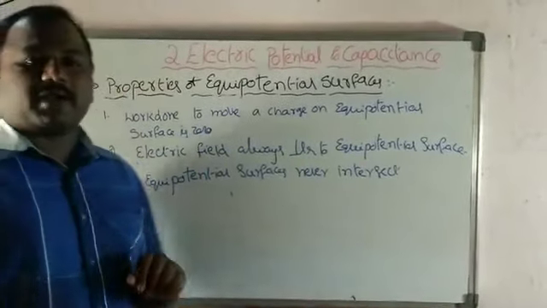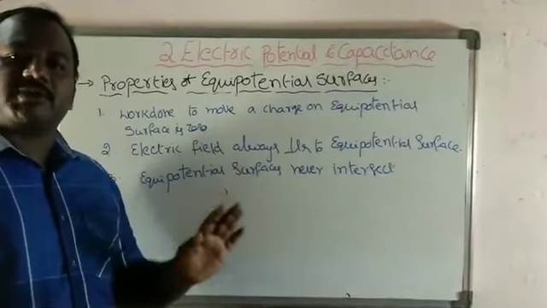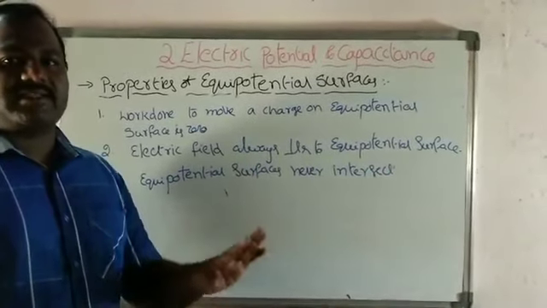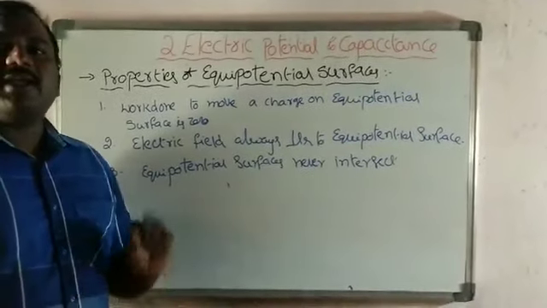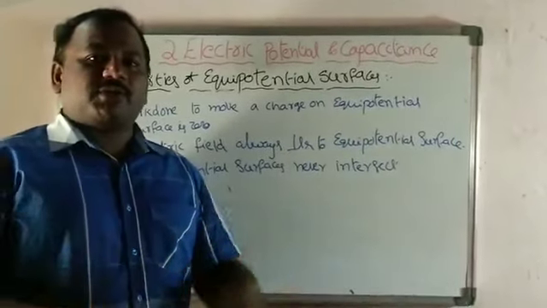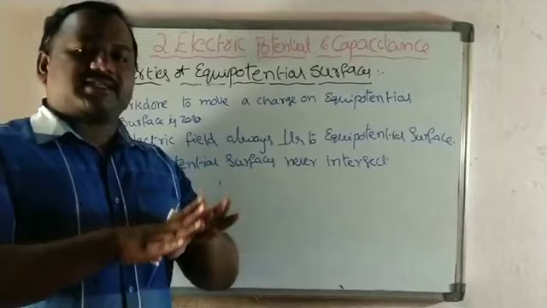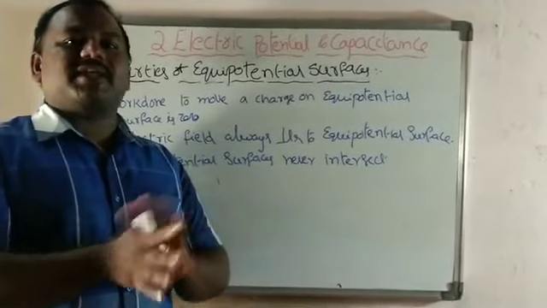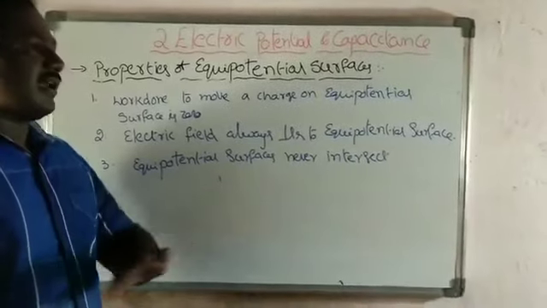The second property is electric field is always perpendicular to the equipotential surfaces. See the examples, you can easily understand. Next, the third property, equipotential surfaces never intersect. If we place two equipotential surfaces one on each other, then the potential can be changed. So the equipotential surfaces cannot intersect.